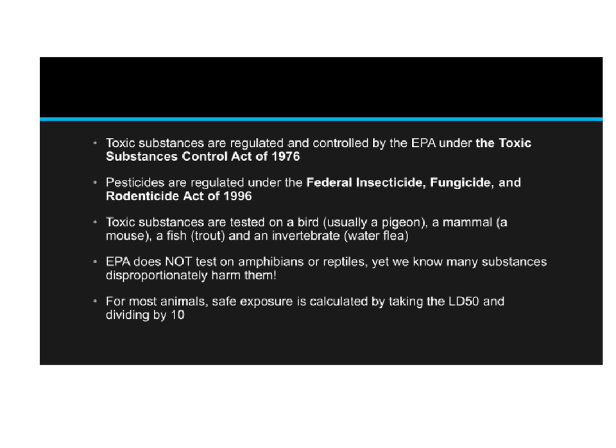Notice there that we're not testing on amphibians or reptiles. This is not a good thing, because what we do know about toxic substances is they often end up in the water. And so a lot of the substances, especially pesticides, disproportionately are harming amphibians and reptiles, but we don't have the data that tells us exactly how.